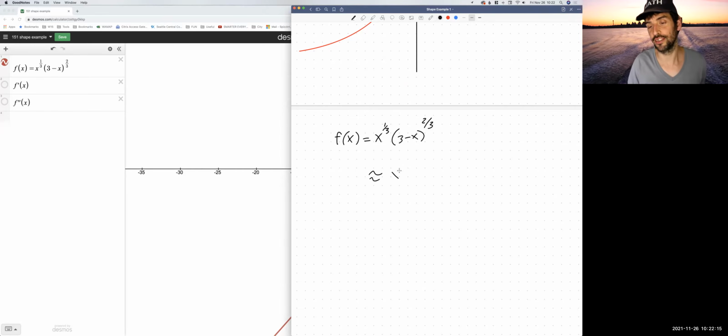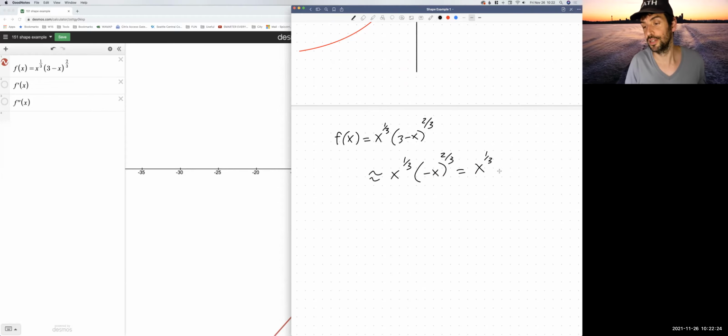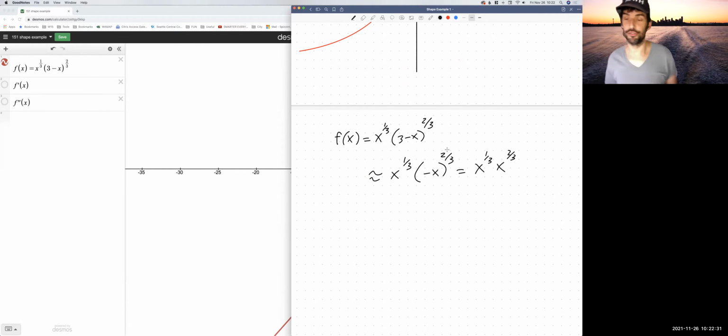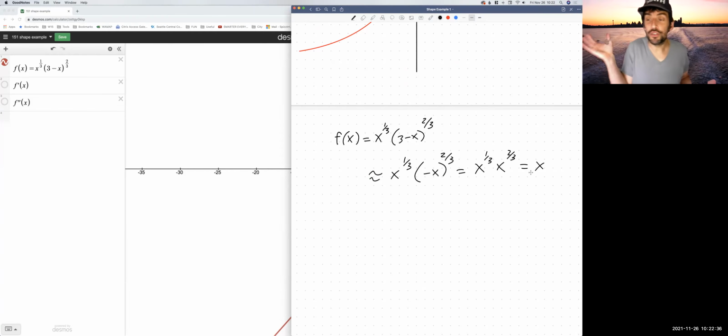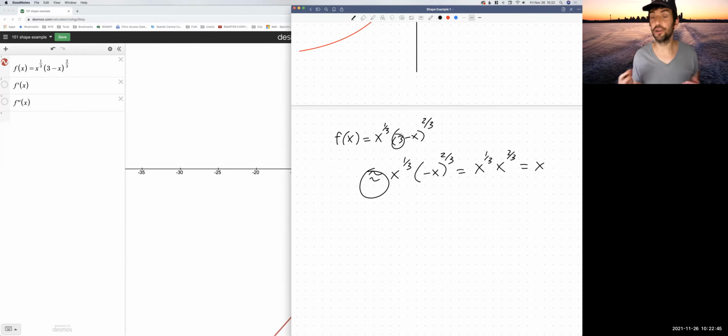So for large x, this is like x to the 1/3 times (negative x) to the 2/3, which is equal to x to the 1/3 times x to the 2/3, because that's squaring. We're really pulling a -1 out and taking it to the 2/3 power, which is just 1, which is just equal to x. And so this graph starts to look very close to just the function x as you get larger and larger x. It's not equal to it. That 3 keeps it from ever being perfectly the function f of x equals x.